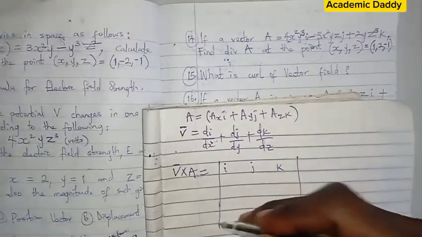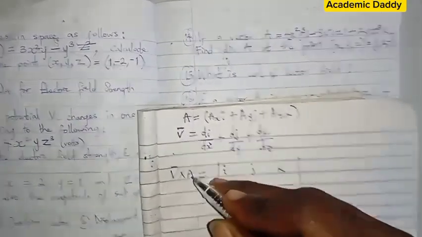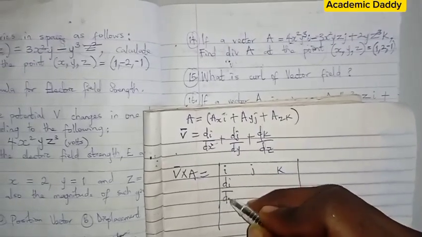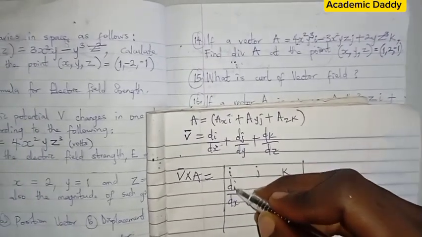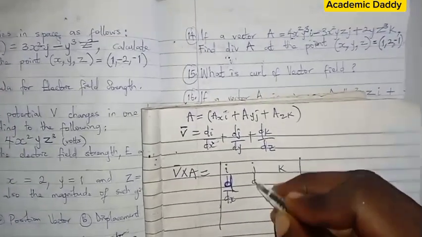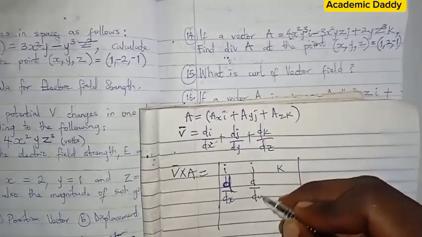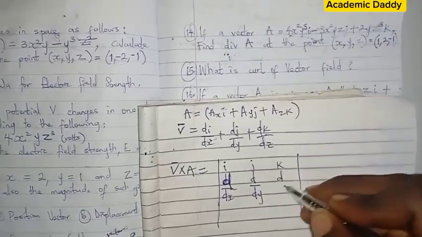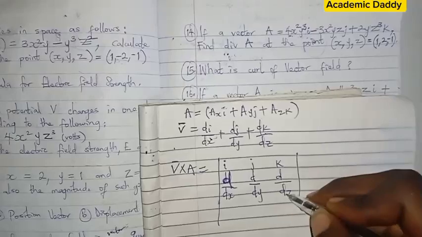So if I know this, I'll now say this function: for i, d over dx; then for j, d over dy; then for k, d over dz.